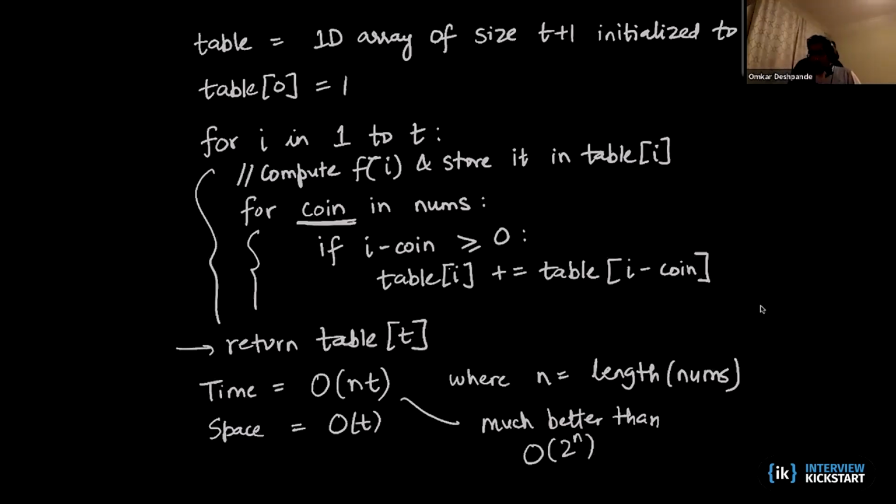There is a catch though, which is also a catch with the basic version of the subset sum problem. If my target amount is really large, let's say it's more than 2 to the power n, then this is still going to be exponential.